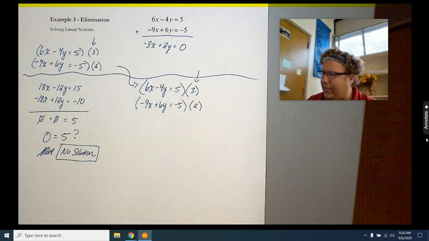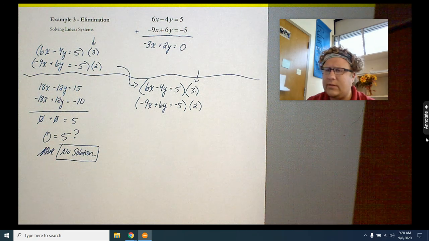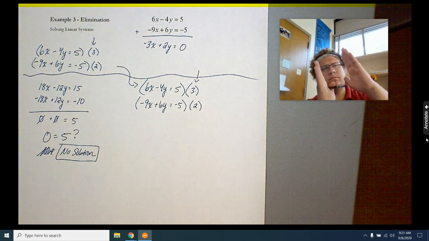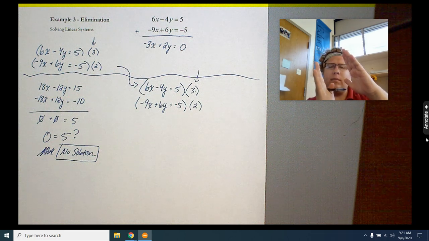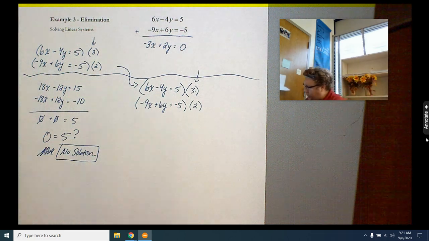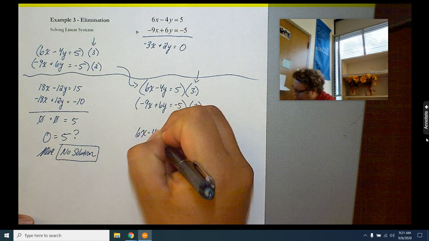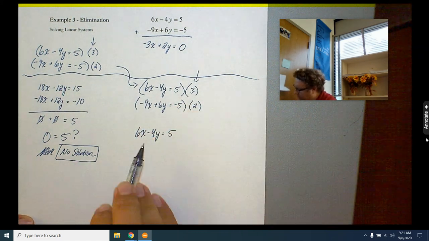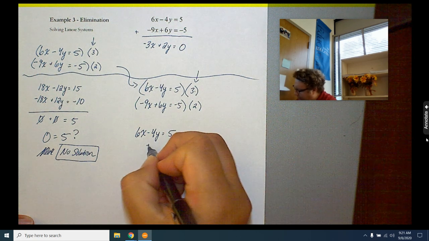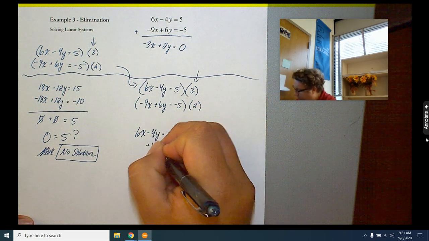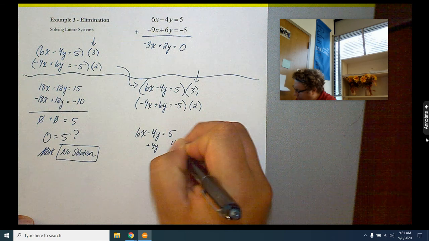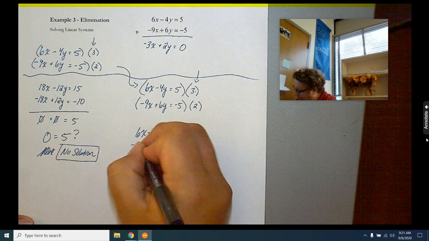Now, think about that. How is it that two lines could never cross? They're parallel. And if we want to examine why they're parallel, let's just take a look at each of these equations. If I solve this one for y, I'm going to try and find the slope. I get 4y over here. Let's take 5 away.